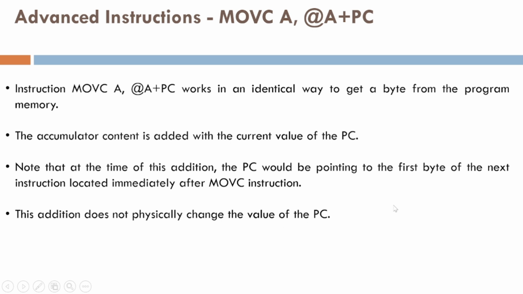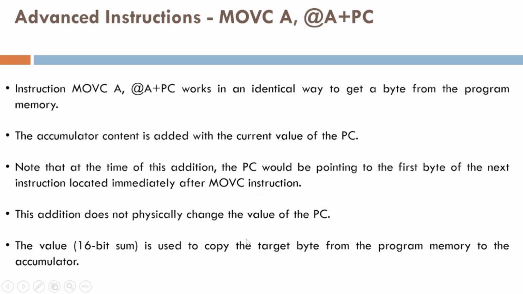Once the instruction is fetched by the microcontroller, the program counter automatically increments to the next instruction. It points to the next instruction. So the next instruction's address and the initial value of the accumulator will get added. Let's see how it happens.